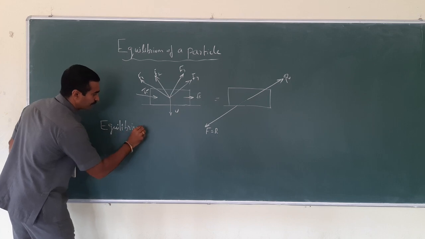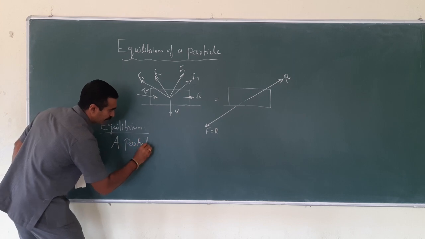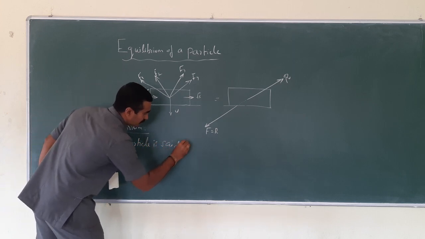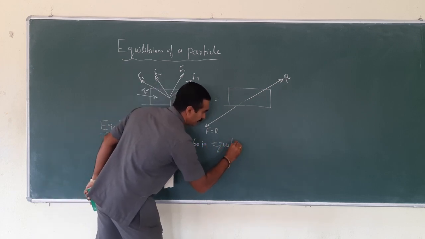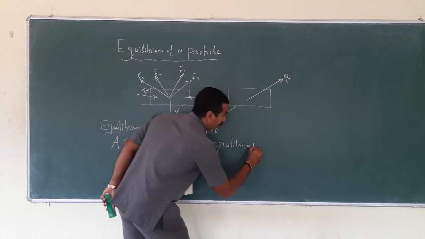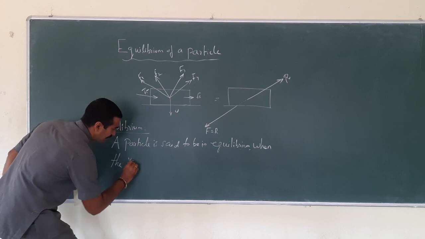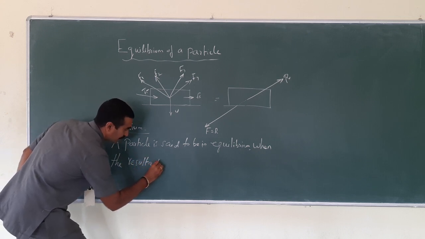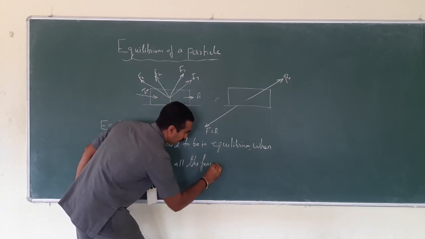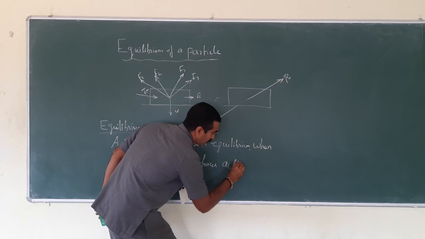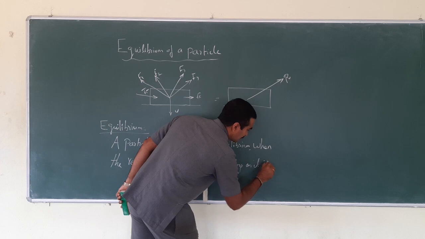Equilibrium means a particle is said to be in equilibrium when the resultant of all forces acting on it, that means on the particle, is 0.